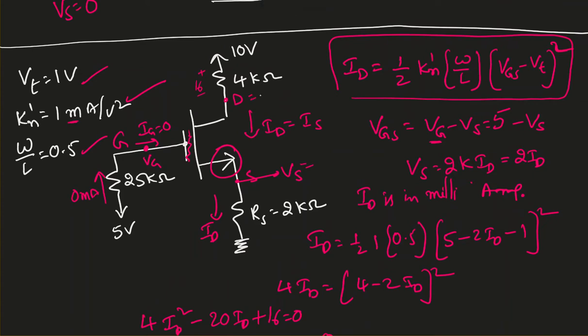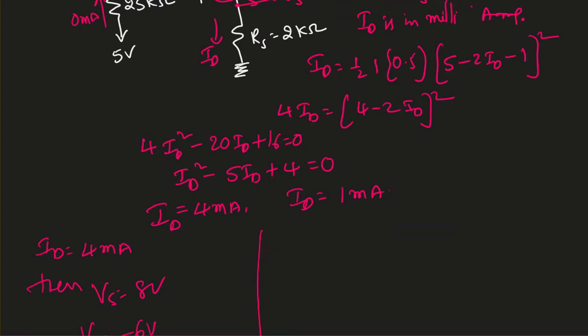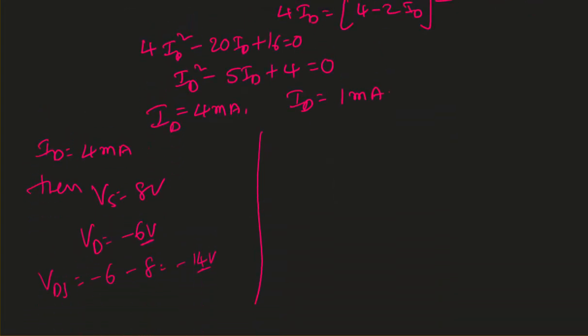Here you're saying this is minus 6 volt, the VS is 8 volt, and current always flows from higher potential to lower potential. This current must flow in the opposite direction. For N-channel MOSFET, it always flows from drain to source, not source to drain. So since VD is lower than VS, this may not be the right value.